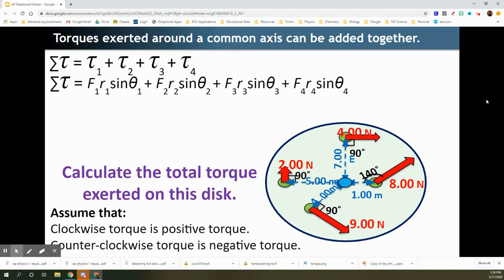And the way we can see that is within the angle. So let me give y'all a second to make those notes that if it's a positive torque, then the object is going to move clockwise. If it's counterclockwise, then the torque is considered to be negative. And we'll see an example shortly.